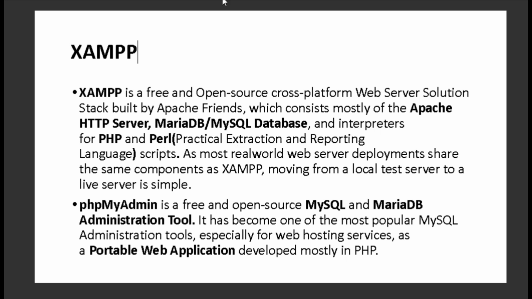As most real-world web server deployments share the same components as XAMPP, moving from a local test server to a live server is simple. XAMPP is a free and open source local server package that allows you to run PHP and MySQL based web applications on your own computer.